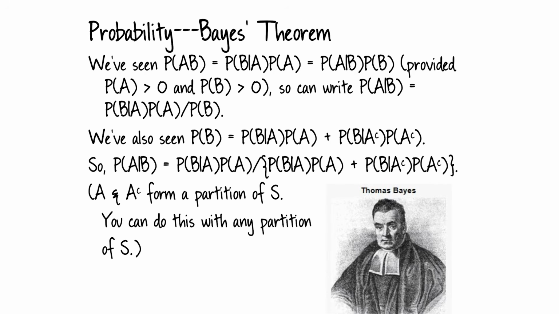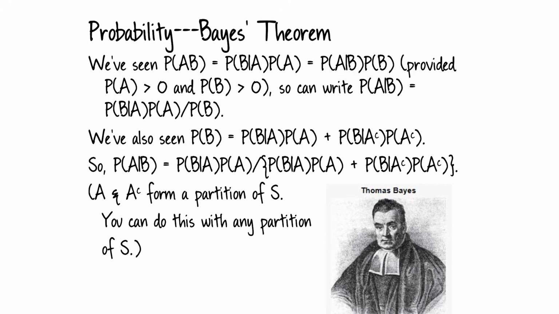So we put these two facts together, and we get Bayes' theorem. The probability of A conditional on B is equal to the probability of B conditional on A times the probability of A, divided by that same term plus the probability of B conditional on A complement times the probability of A complement.